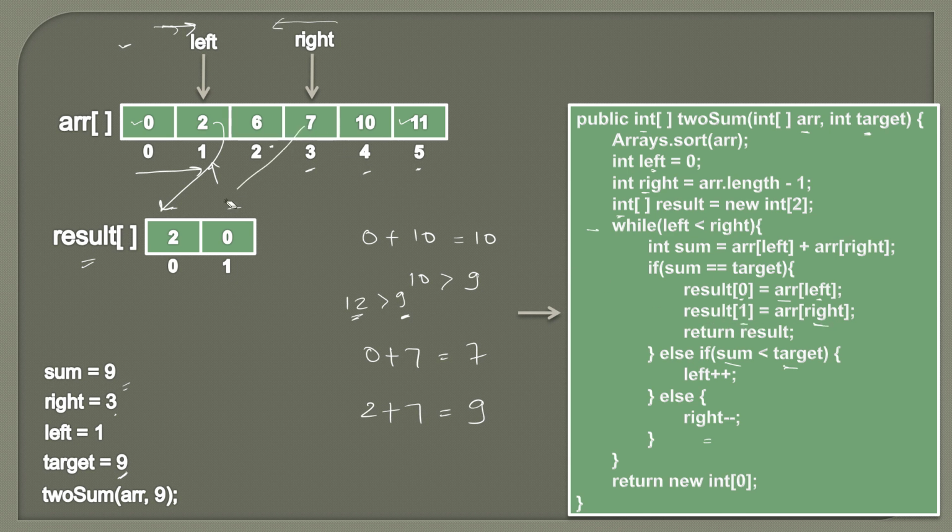So here 7 will come to the first index. So we have found our pair, which is, if we do the sum of 2 plus 7, we will get 9, which is the value equal to our target. At the last step, we will simply return the result integer array.